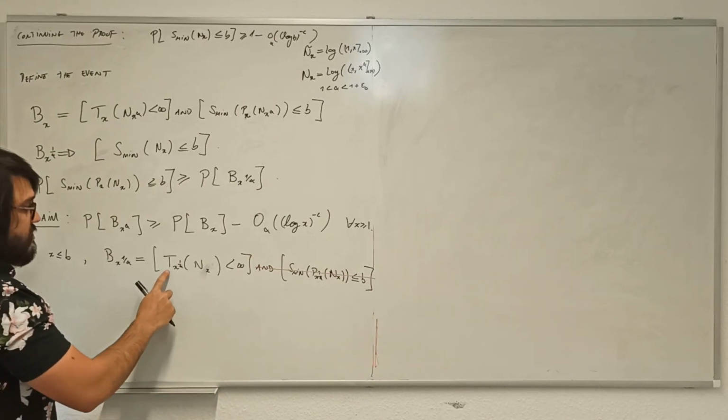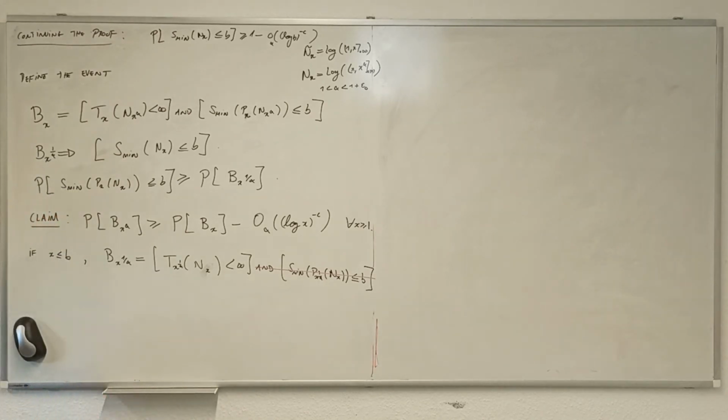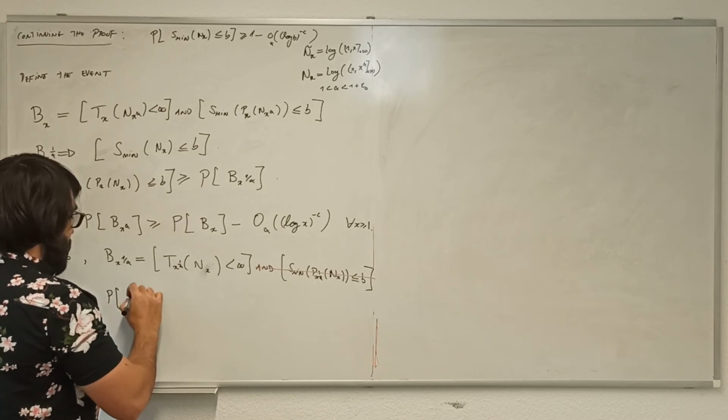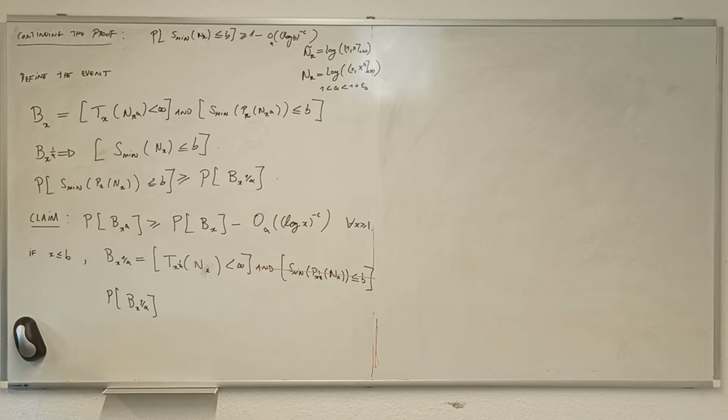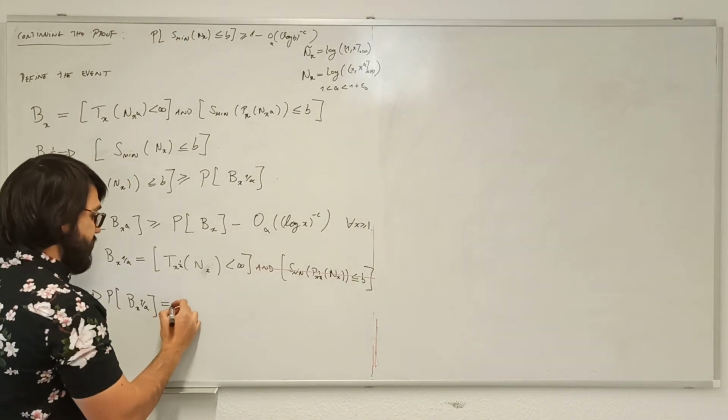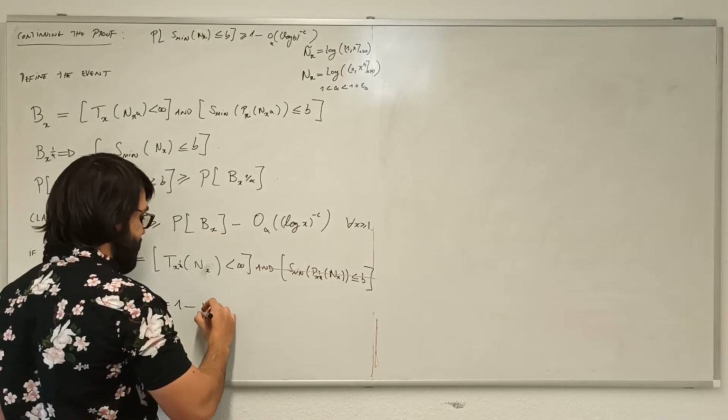Okay, so that's just the event that this is finite, which therefore is the probability of x to the 1 over alpha. This is only for x less or equal than b, by the way, so I'm assuming x is less or equal than b. So the probability would be just 1 minus the probability that this is infinity.